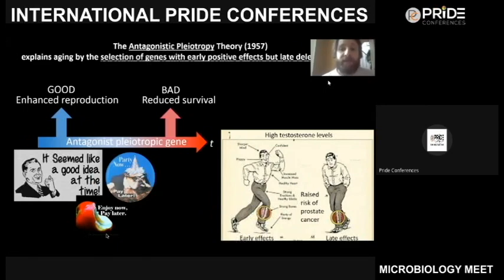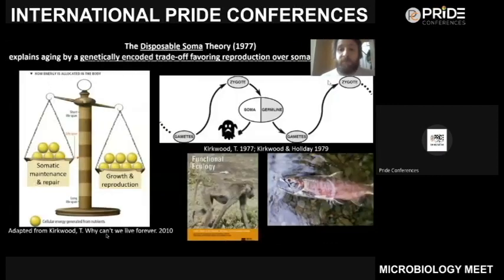Typically, a gene that will enhance your chances of reproducing is going to be favored, even if later on the expression of the same gene is going to be costly and have negative deleterious effect on your life. So a gene that would be good for your reproduction early is going to be favored, even if it's bad for your survival later. For example, for a man having high testosterone level may be a chance to be more active, seductive, and whatever you want when he's young, but then later it may also raise the risk of prostate cancer. Again, one explanation of aging that has to do with the genes within the species.